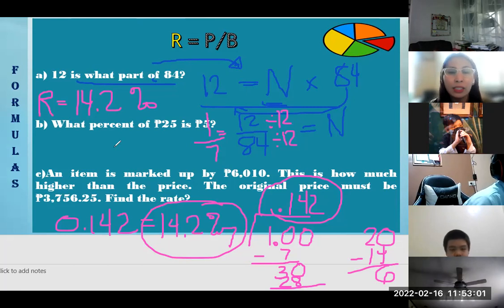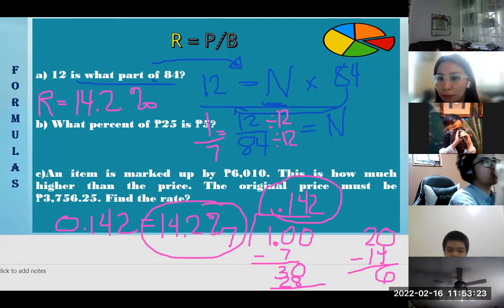And then parang there's no other way of simplifying or computing. Ganito na siya talaga. Ganyan. So if you have any questions, please raise it para masagot ko na kaagad. Wala? So far? Ayan.